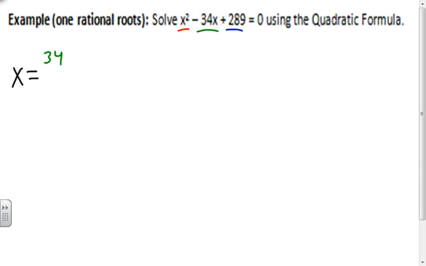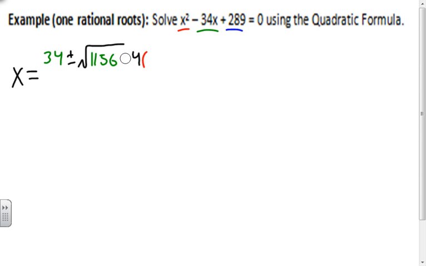So x equals negative b. If b is negative 34, negative b would be just positive 34 plus or minus square root of b squared. 34 squared would be 1156. Again, this is where having those calculators is going to come in very, very handy.